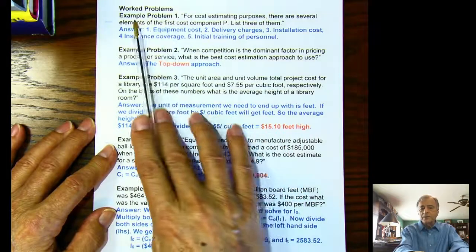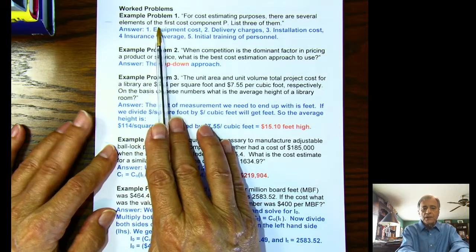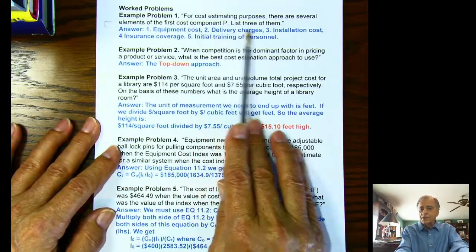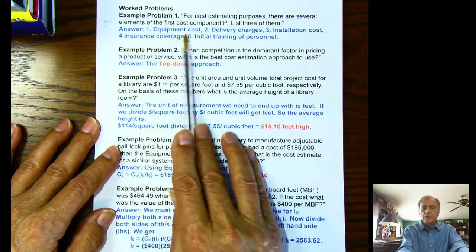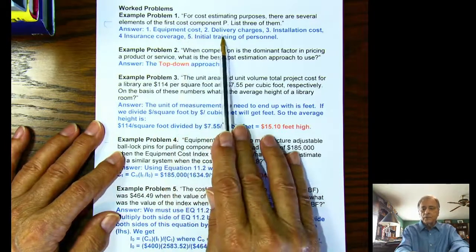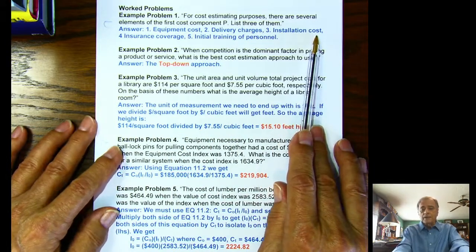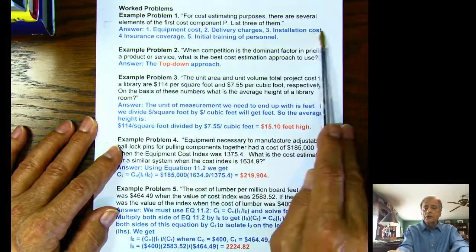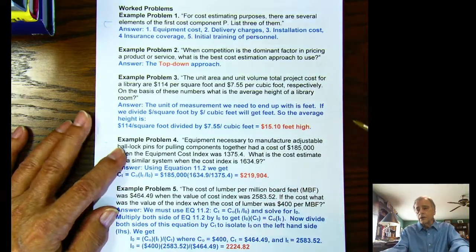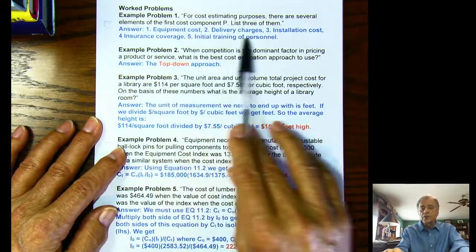Example problem 1 is, for cost estimating purposes, there are several examples of first cost components, P. List 3 of them. I said, well, equipment cost, that's always an upfront cost. Delivery charges and installation costs. By the way, when we get to a future chapter where we talk about depreciation, these are depreciable costs, all 3 of those.